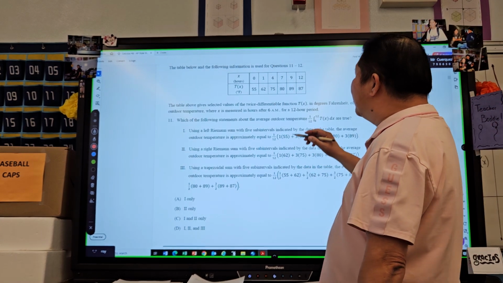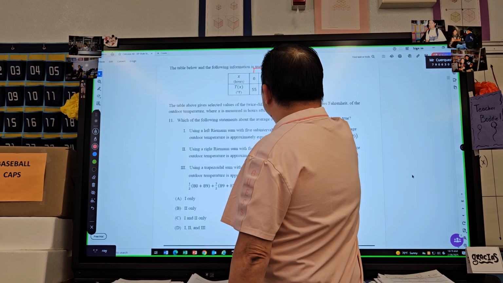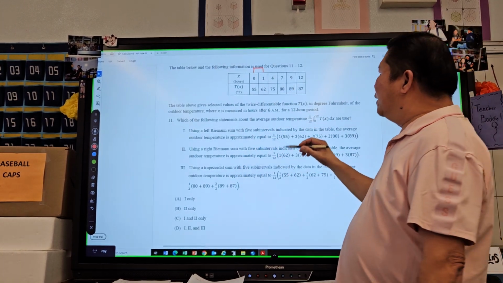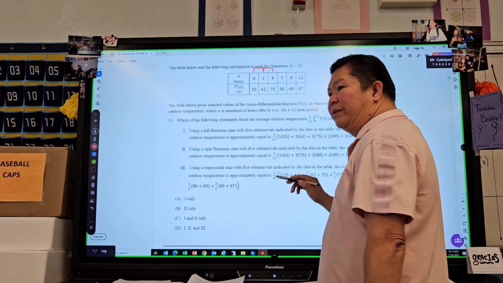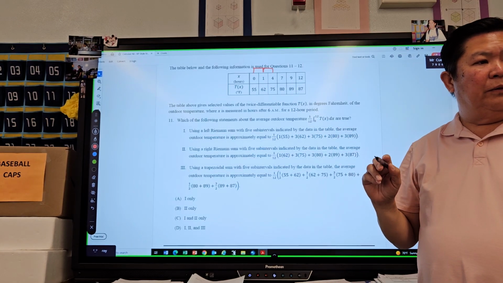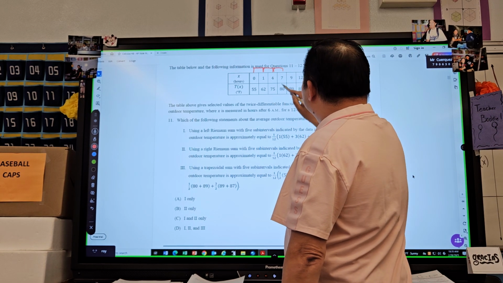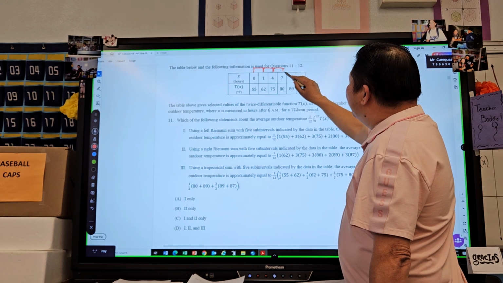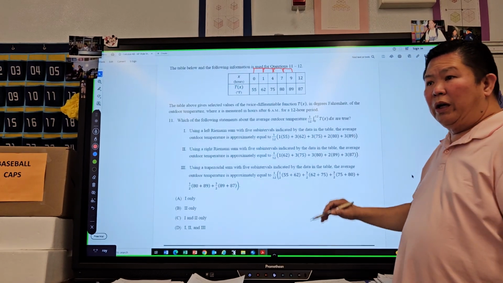Therefore, we do sub-intervals right here from 0 to 1. And what's the next sub-interval? 1 to 4. The third sub-interval is from 4 to 7. The fourth sub-interval is from 7 to 9. And the fifth sub-interval is from 9 to 12.